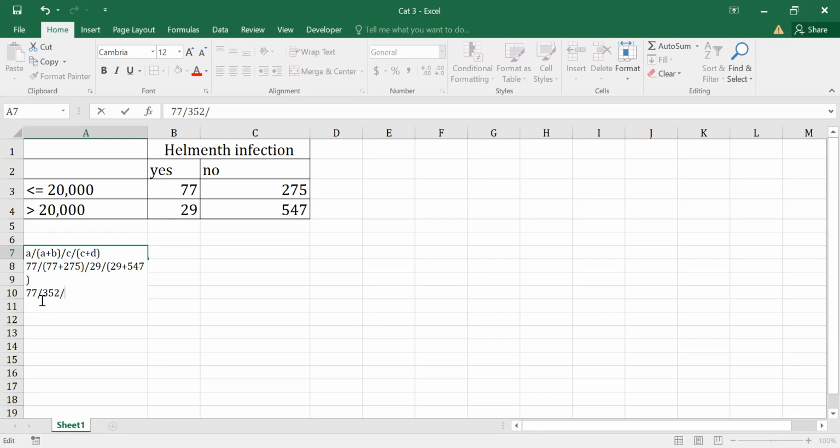We say 77 over 352 is equal to, if I'm not wrong, if someone else is trying to, over 29 over 603.